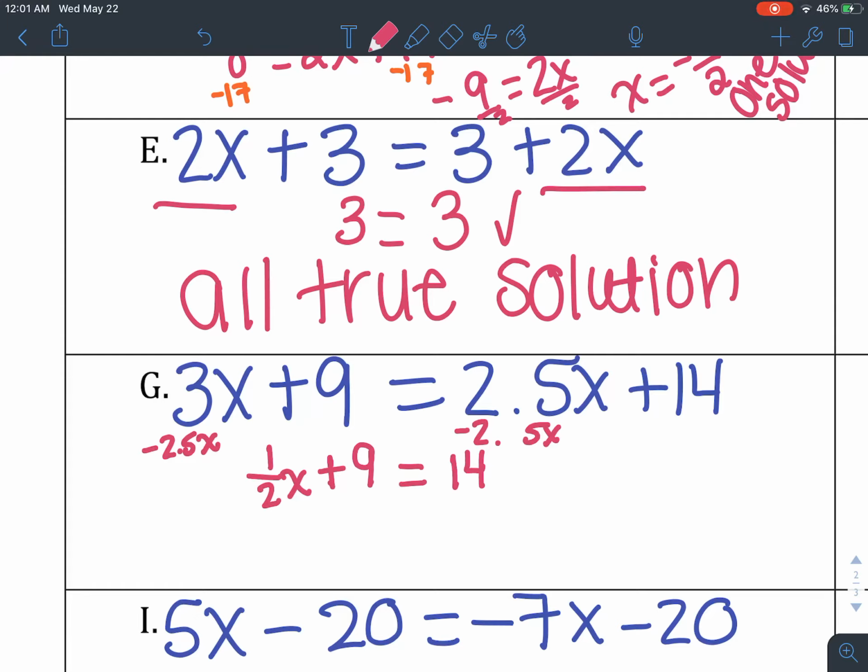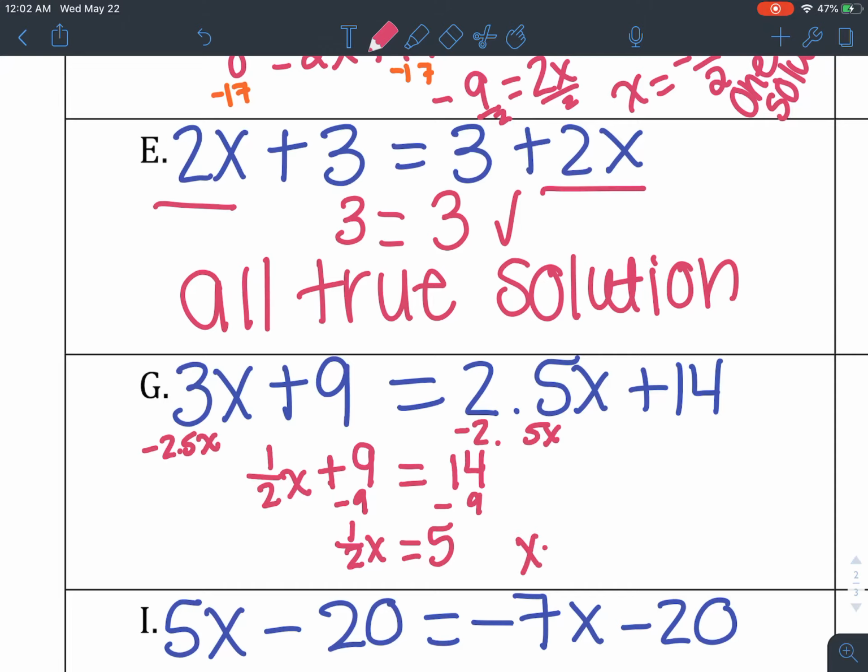So if I see that we moved all of our x's to the left side, we need to move 9 to the right side. And so 14 minus 9 is going to be 5. And now I see a fraction here.